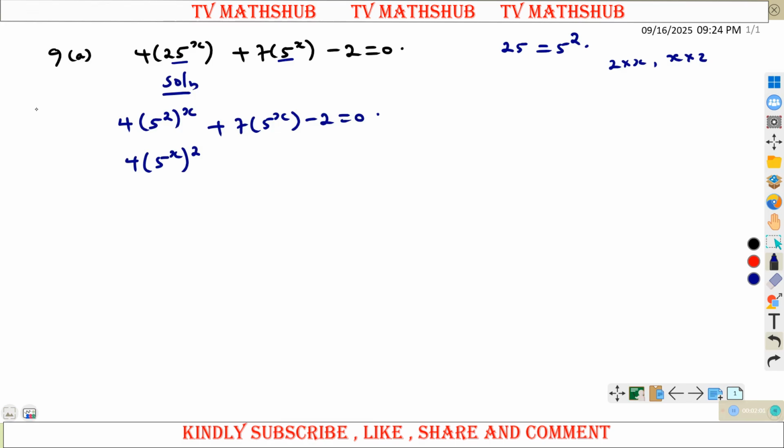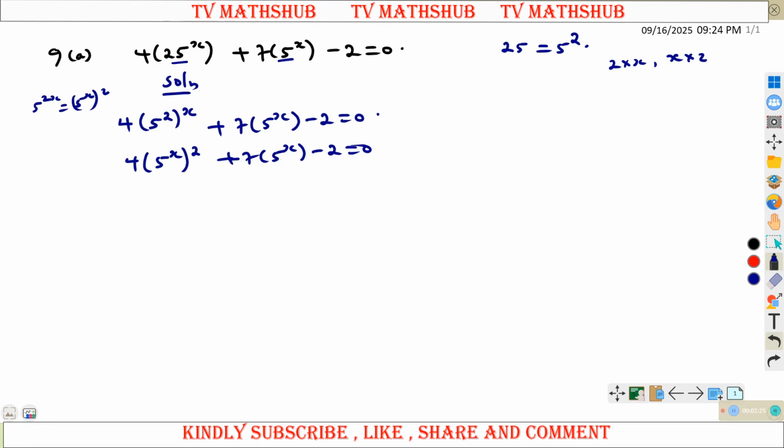Or else you can first rearrange to 5 to the power 2x, but still you will write the same expression. So we have that plus 7 into 5 to the power x, minus 2, equal to 0. This is now an expression purely consisting of the unknown, 5 to the power x.